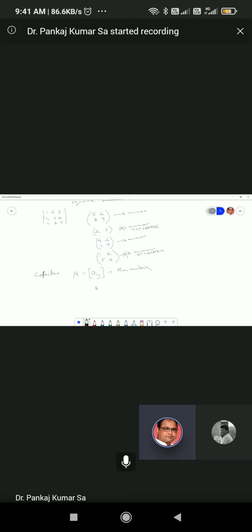So cofactor of element Aij. So cofactor of Aij is equal to minus 1 to the power i plus j times determinant of minor of Aij, right?